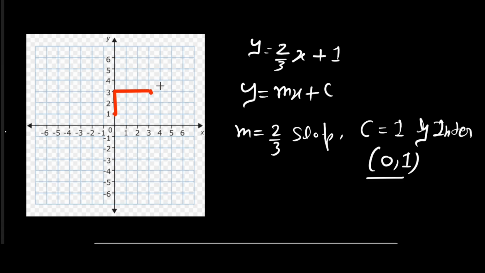Now plot another point from this point. So rise 2 units and run 3 units, which is here. So let's join these 3 points with a straight line. So here is our solution.